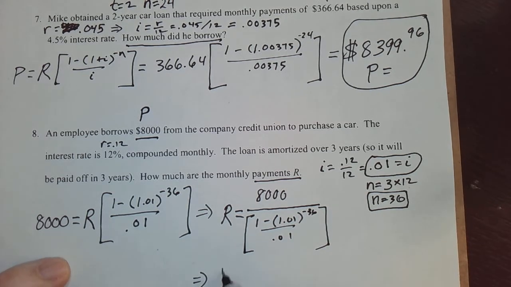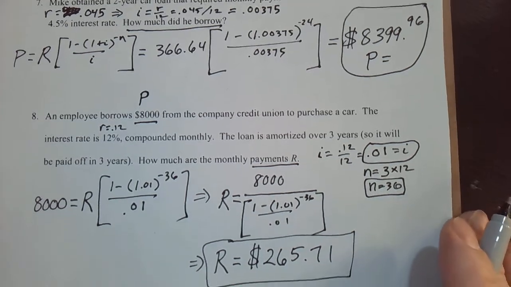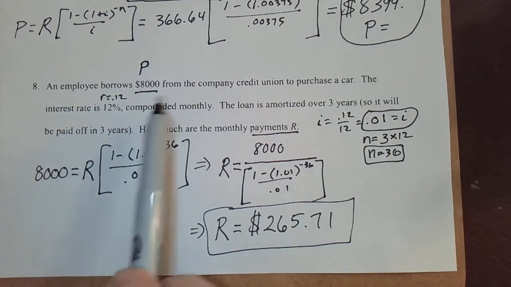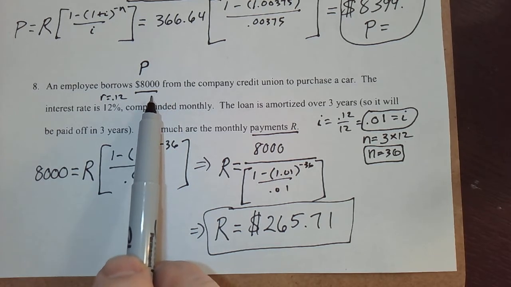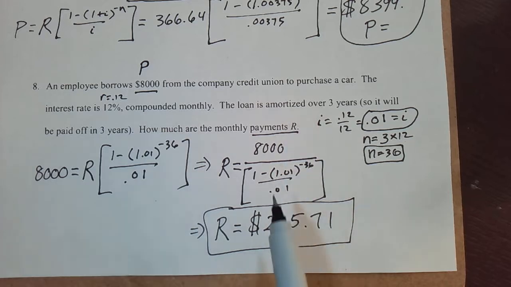And if you plug that into the calculator, you get R equals $265.71. So we used the same formula, but solved for a different variable. An $8,000 loan from the credit union that has a 3-year duration is going to cost $265.71 per month to pay it back.